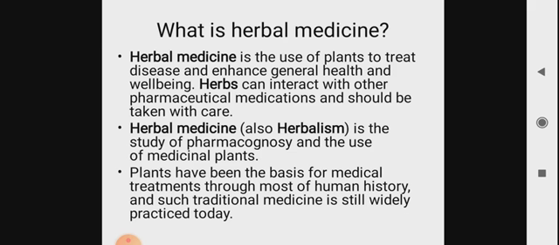Herbal medicine is also called herbalism, in which the study of pharmacognosy and the use of medicinal plants. Plants have been the basis for medical treatment through most of human history, and such traditional medicine is still widely practiced today.